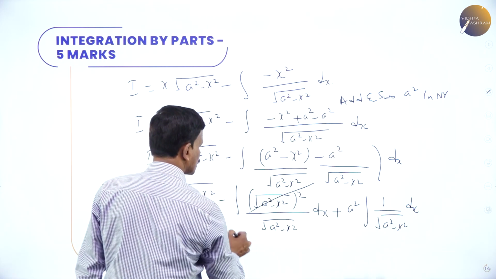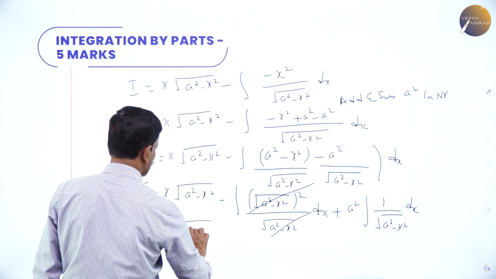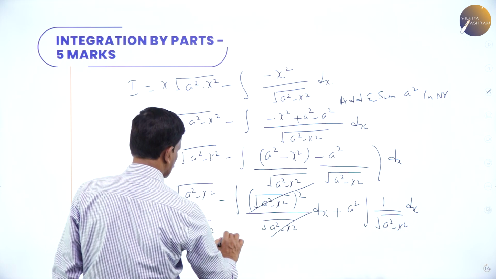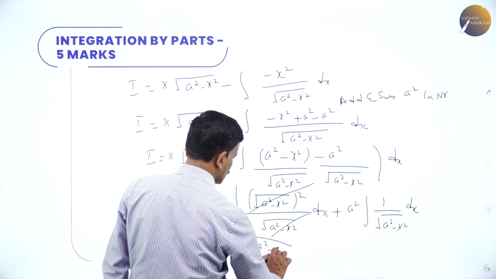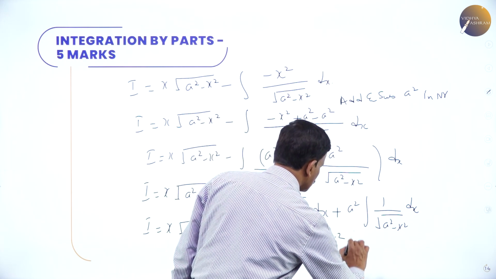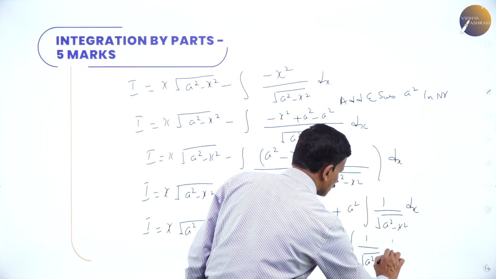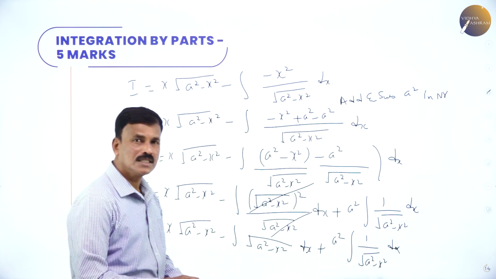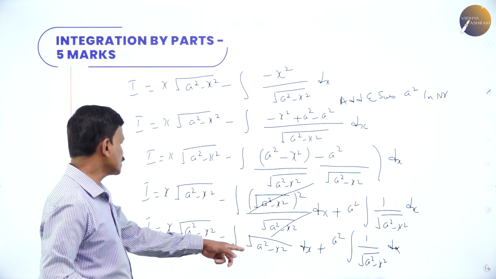Now one term gets cancelled in the numerator and denominator. I is equal to x into root of a square minus x square minus, what is left is only one term, integral of root of a square minus x square dx, plus a square into integral of 1 over root of a square minus x square dx. See here, one term in the numerator and denominator gets cancelled, you will get 1.